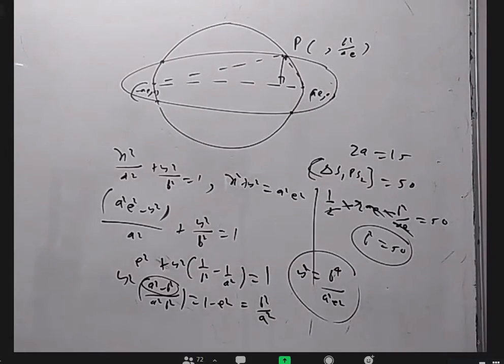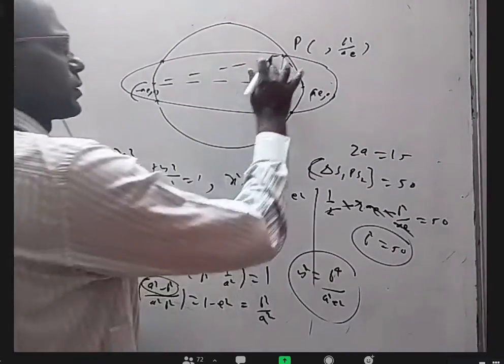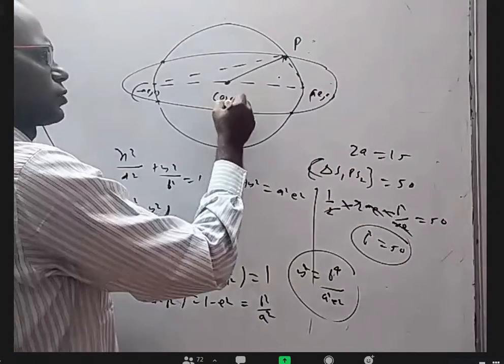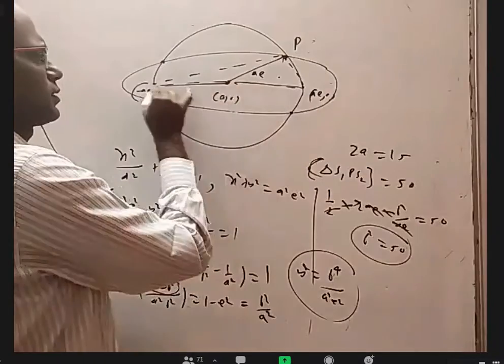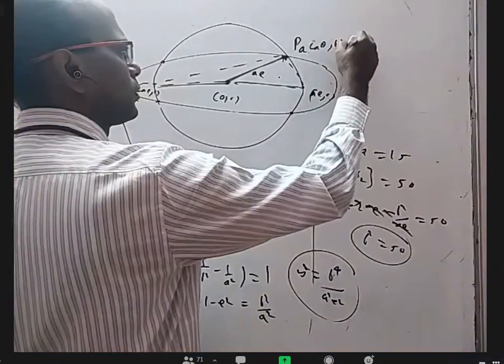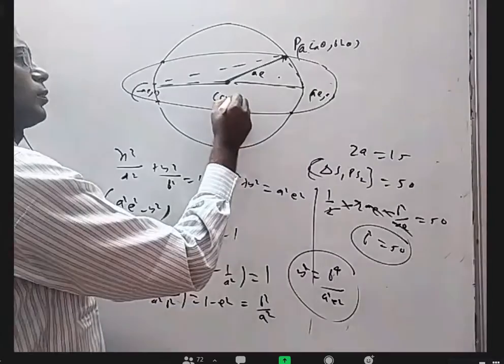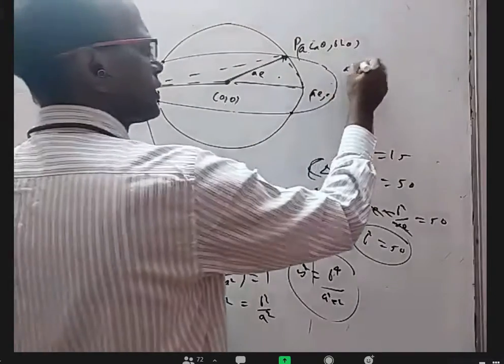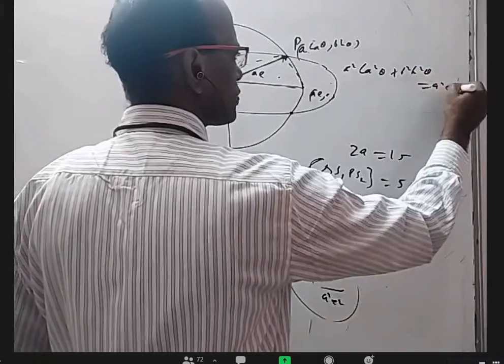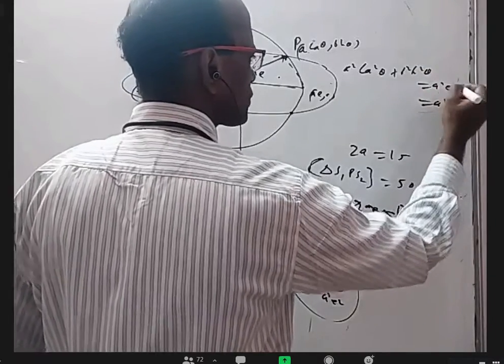I'm only interested in the y coordinate of this. So can I do something else? Let me see. This is 0, 0. This is also ae, because this is ae, this is ae. If I take this as (a cos theta, b sin theta) and apply the distance formula, I'll get a square cos square theta plus b square sin square theta equal to a square e square, which is a square minus b square.